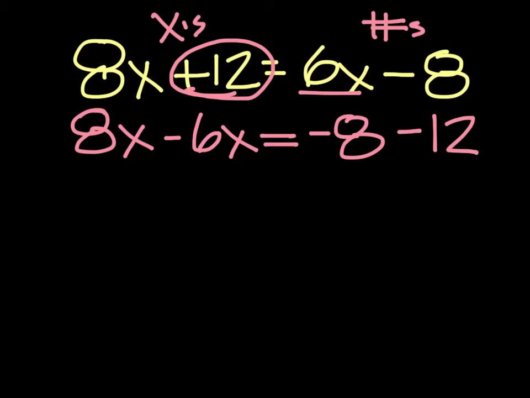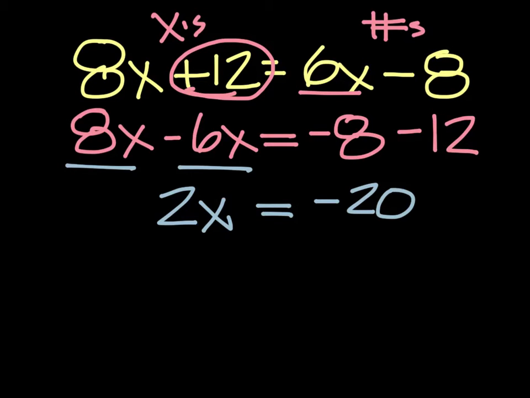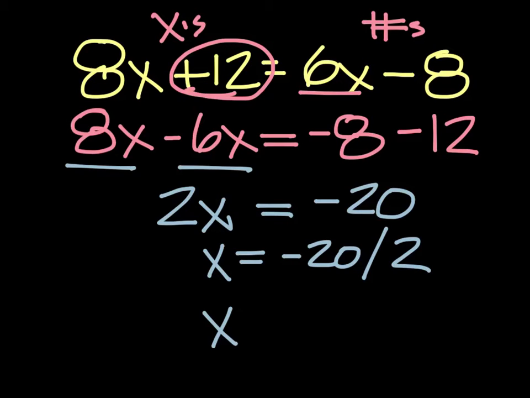Once you make it to that spot, you're going to do 8x minus 6x. What is 8x minus 6x? 2x. And what's negative 8 minus 12? Negative 20. So I divide negative 20 by 2 and get an answer of what? Negative 10.